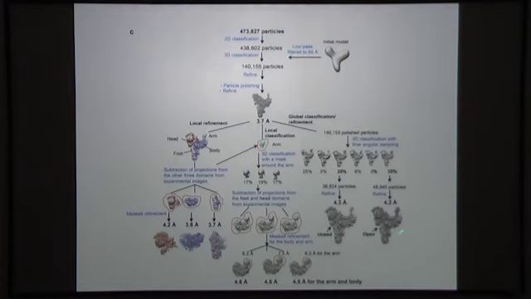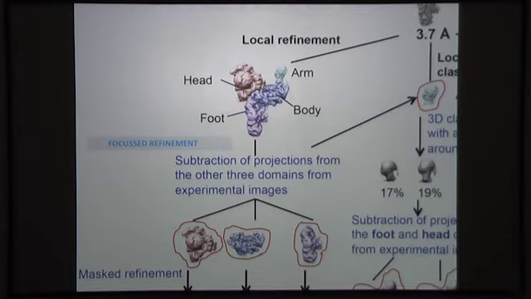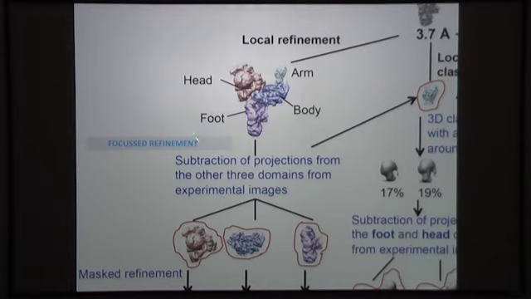So in order to deal with this, what you can do is treat each region from this map as an independent region, an independent subset of the map. You can do this in many different ways, and probably the best way, once you have a high resolution reconstruction like they have, is to use focus refinement with signal subtraction.